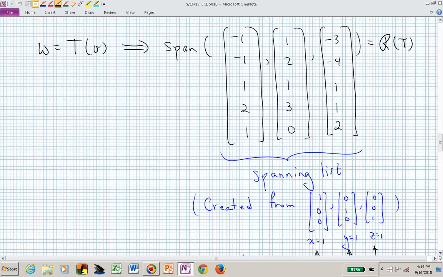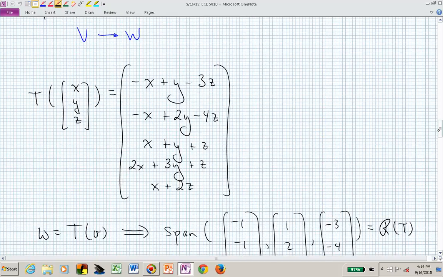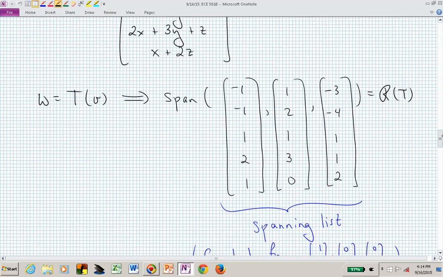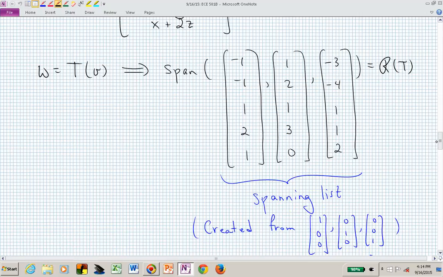And that's pretty easy to do in this linear map. I just set x to 1 and everything else to 0. I set everything to 0 but y, and I set that equal to 1. That gave me my middle vector. And then I finally just say, let me set z to 1 and everything else to 0, and that gives me those 3 columns, so I can get to any linear combination of those 3 columns.